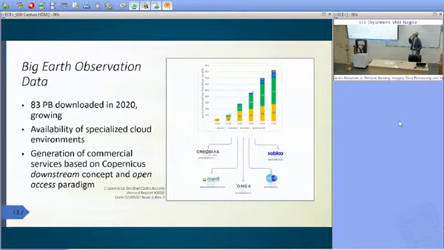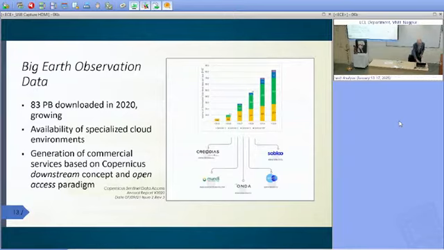What you see here is the graph of how much data was downloaded from the Copernicus portal in the years between 2015 and 2020, and you see the substantial growth of data that was observed from that point on. So to mean that the abundance of data that has been made available has favored the growth of applications based on it.